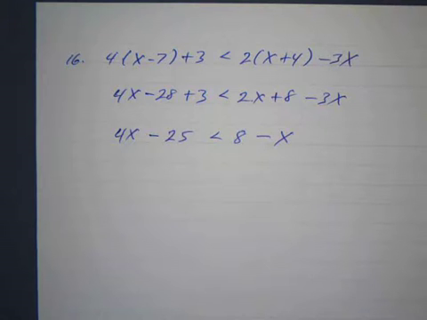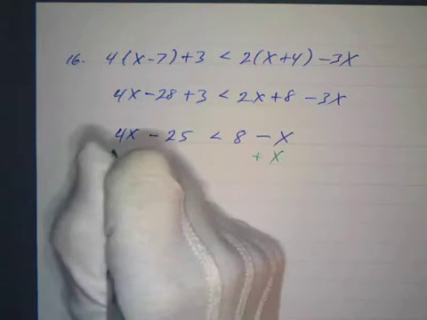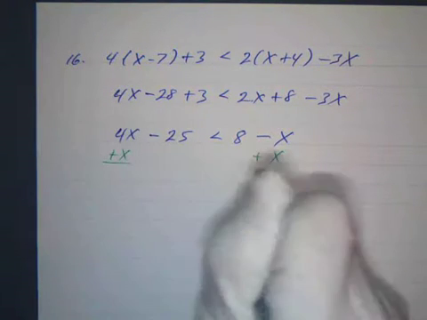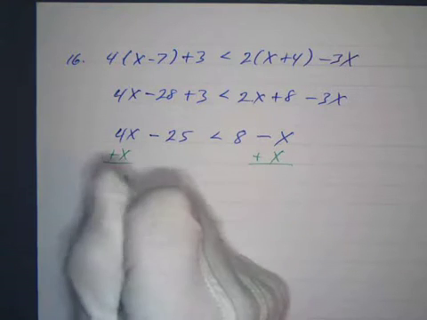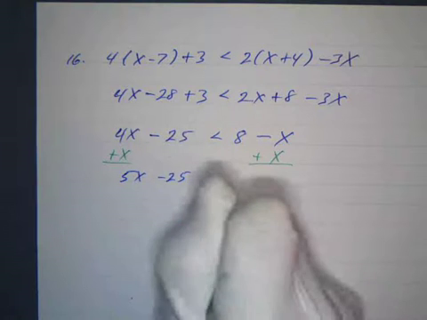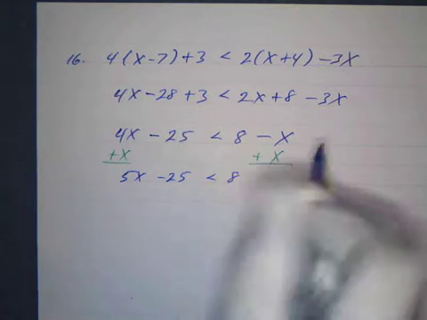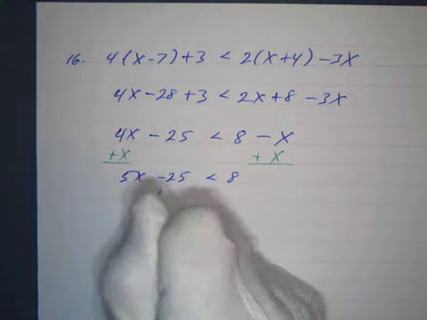So we try to get all of our x's on the same side, so I'll add x to both sides. And on the left, I've got 5x minus 25 is less than 8. And then I'll add 25 to both sides.